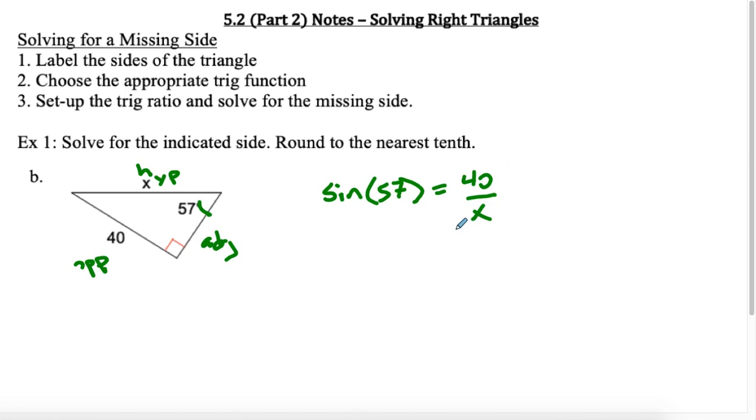So now, to solve for x, I actually have two steps. First, I want to get x out of the denominator. So I'm going to multiply both sides by x. These x's cancel. And now, to get x by itself, I want to divide both sides by the sine of 57.